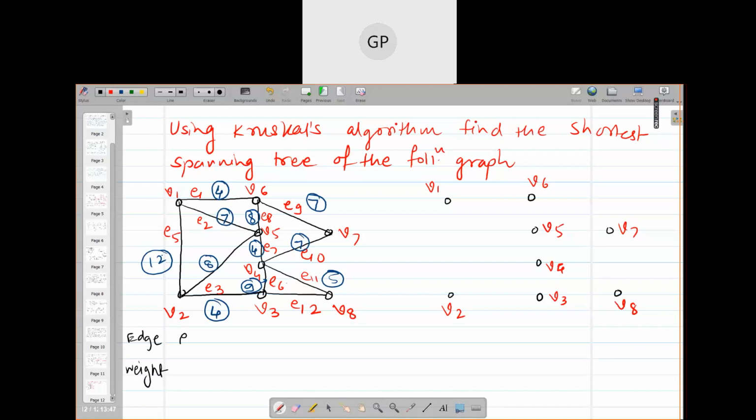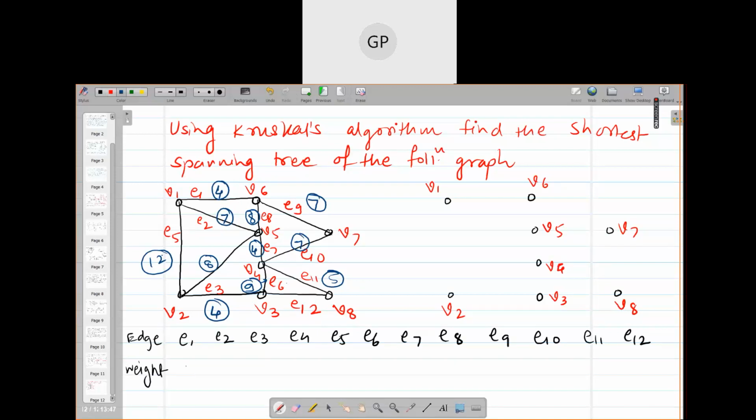So here we have edges E1, E2, E3, E4, E5, E6, E7, E8, E9, E10, E11 and E12. Okay, can you tell me the weights quickly, one by one?